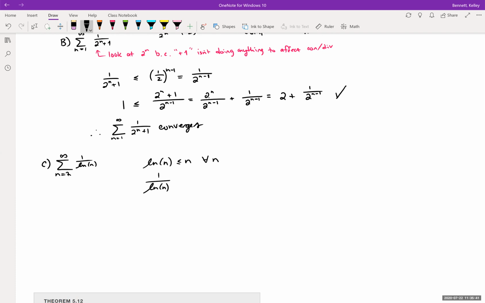So if ln of n is less than n, then I know that 1 over ln of n is greater than 1 over n. And this is good because 1 over n, if I compare my given series to this, is a known divergent harmonic series.